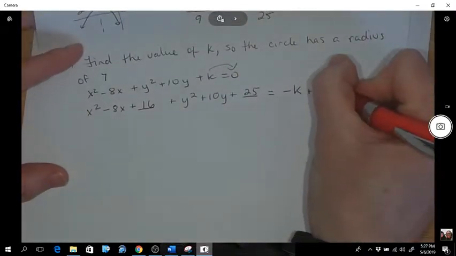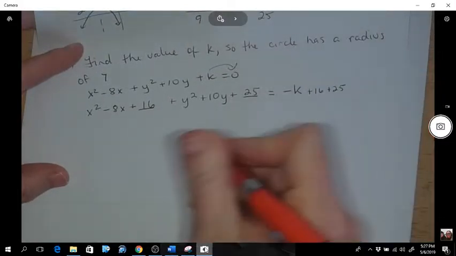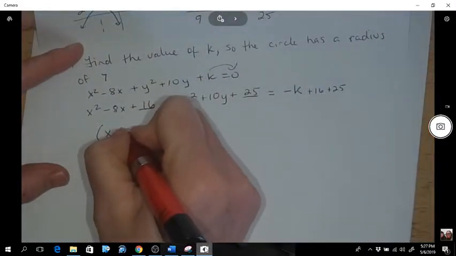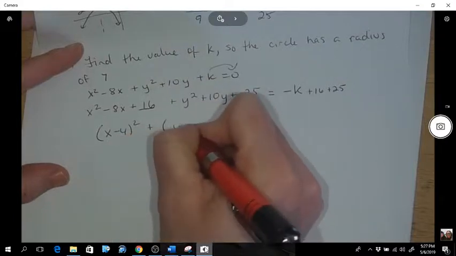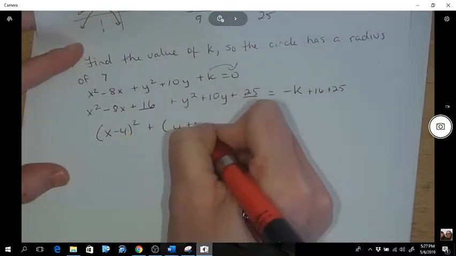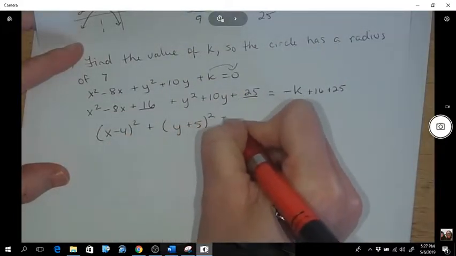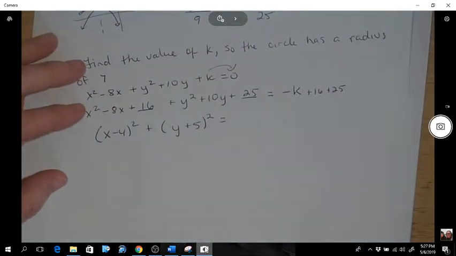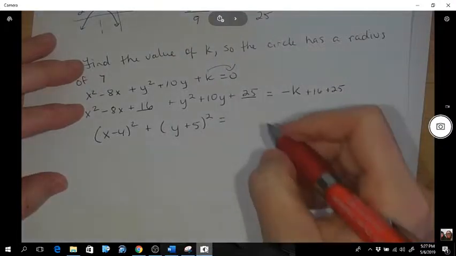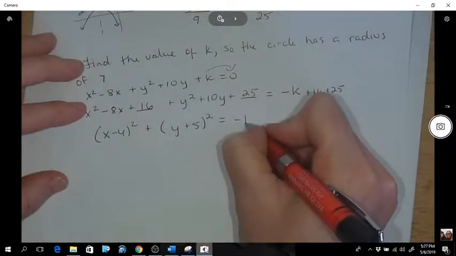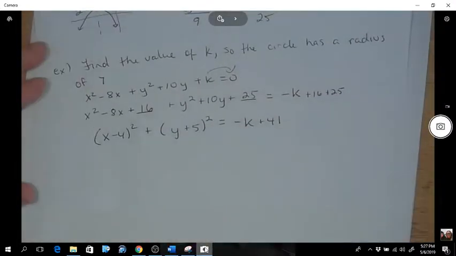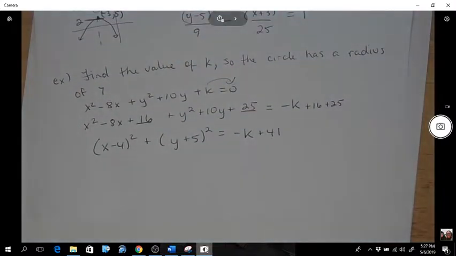But I would have had to add 16 and 25 to balance it out. So (x - 4) squared plus (y + 5) squared is going to equal 41 plus 41 minus k, or negative k plus 41.